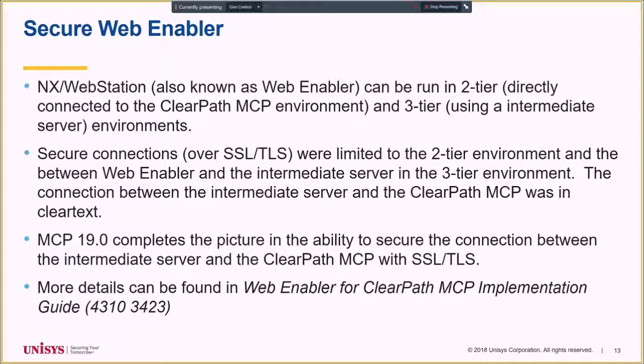In the 3-tier model, before 19.0, only the first layer was allowed to be secured by TLS between the client web enabler and the proxy. In 19.0, we can now secure the back channel between the proxy and the MCP environment with SSL and TLS. So you can run now either the 2-tier or 3-tier model secure end to end.